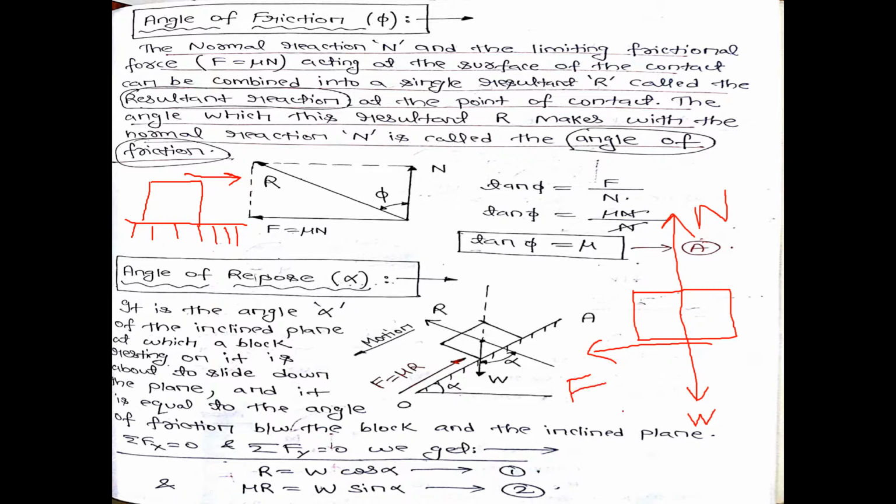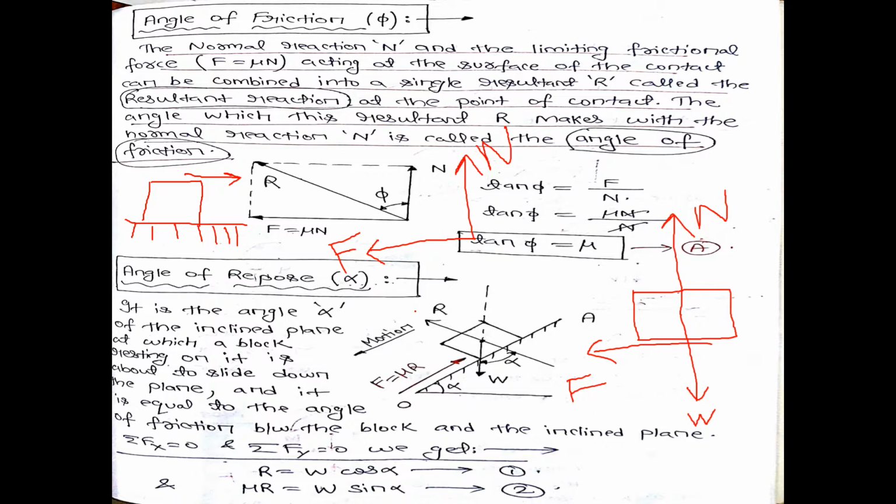Fine. So what is angle of friction? Now I know that this is my normal reaction force N, and this is my frictional force F. If I take the resultant of normal reaction N and frictional force F, how can I get the resultant?